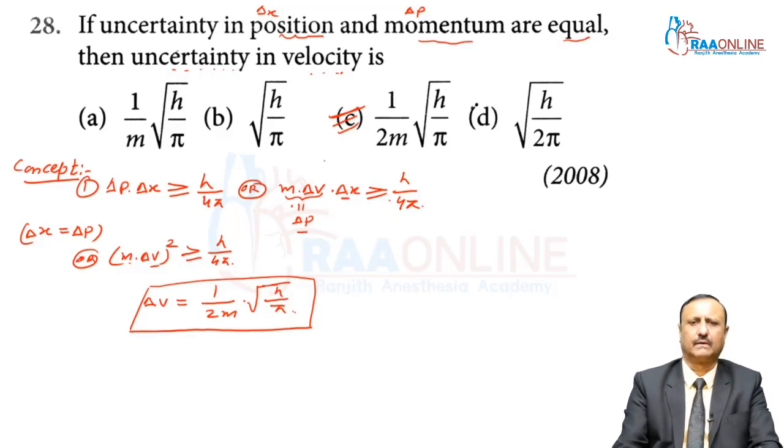So you use the square of delta P, so delta P squared means m into delta V squared. Then delta V equals root of h upon 4 pi, and m is here, 1 upon 2 m into h upon pi. Here root 1 upon 4 means 1 upon 2. So you can also write this as 1 upon 2 m into root h upon pi.